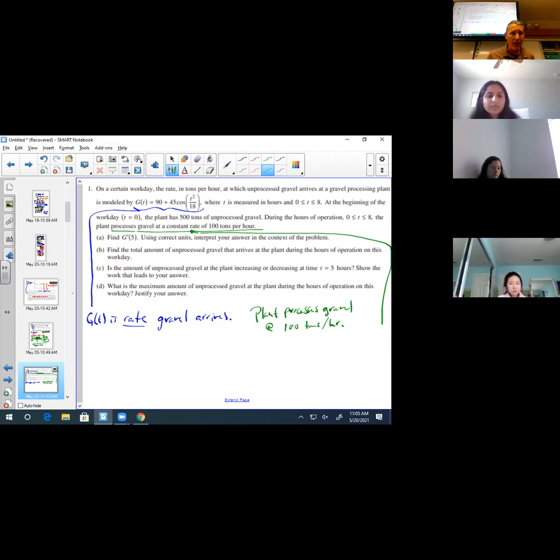Do you all see that after 5 hours, all the gravel that was already there is going to be processed? Does that make sense? Okay. However, that's not what's happening. They're able to process it at this rate, 100 tons per hour, but it's coming in at this rate, and they already had some to start with. Okay, perfect leaky bathtub problem.